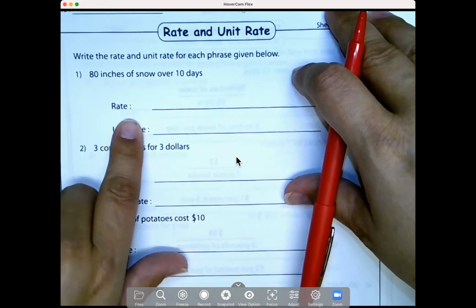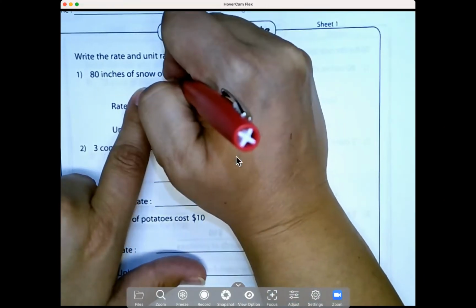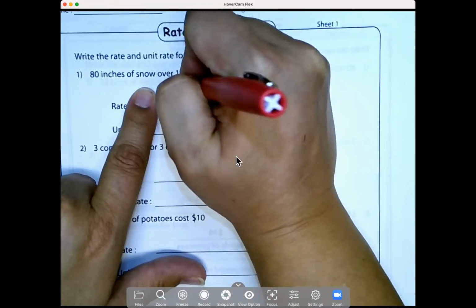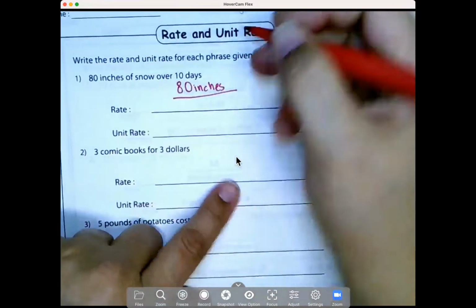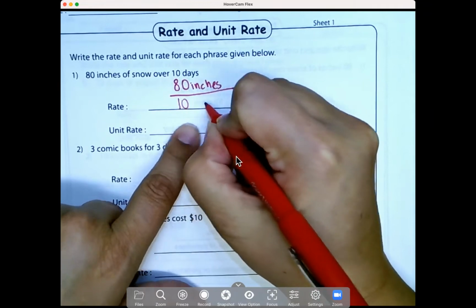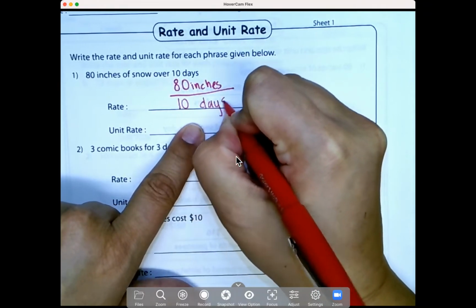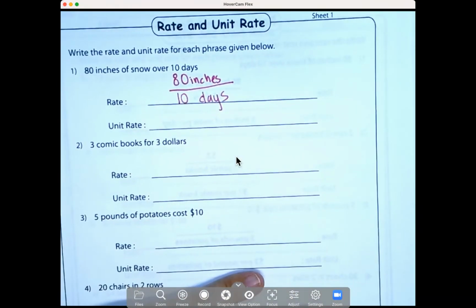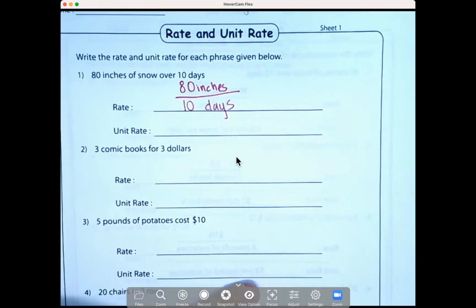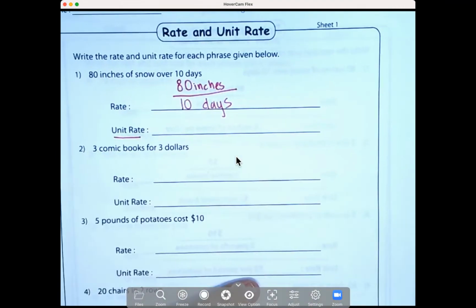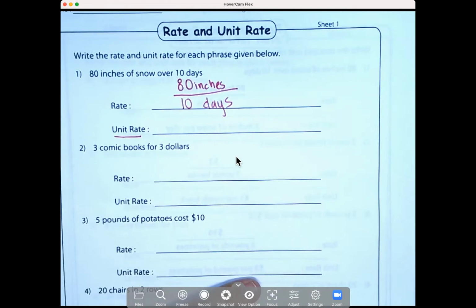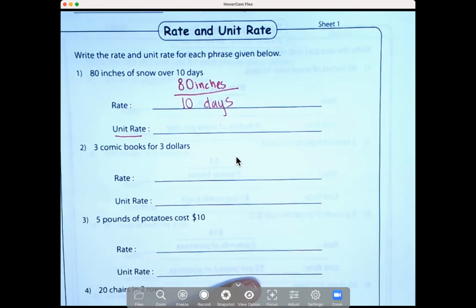So my rate is going to be 80 inches of snow per 10 days. That's the information they give me, the overall rate I've been given. My unit rate is per one. So instead of in 10 days, how many would it be in 1 day?